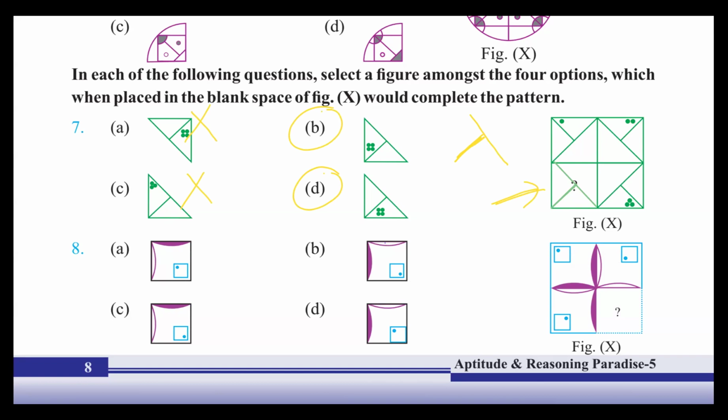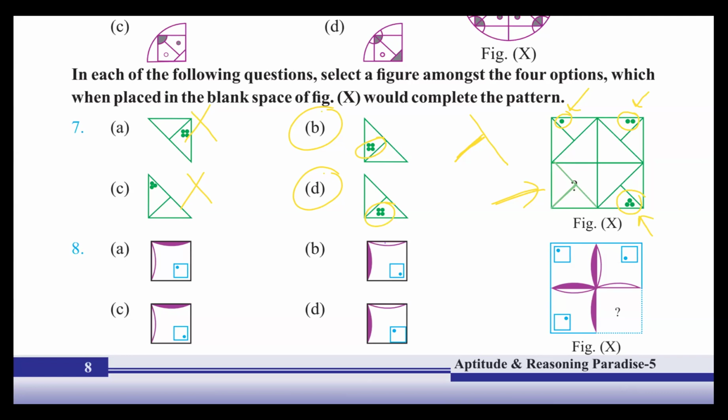Now what we'll see is the position of these dots. We can see that in the first part there is one dot, in the second there are two, then in the third part there are three dots. That means in the fourth part, the answer figure, there should be four dots. And we can see that in the B part also, in the D part also, there are four dots. So again, now what we'll see is the position of these dots, right?